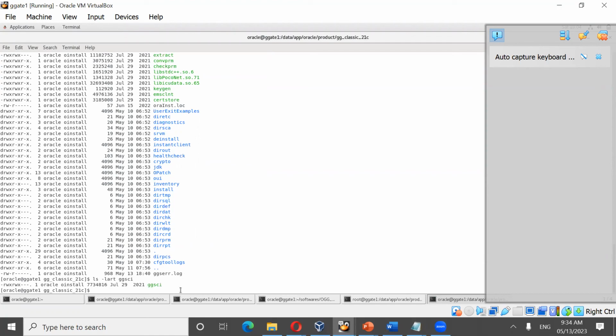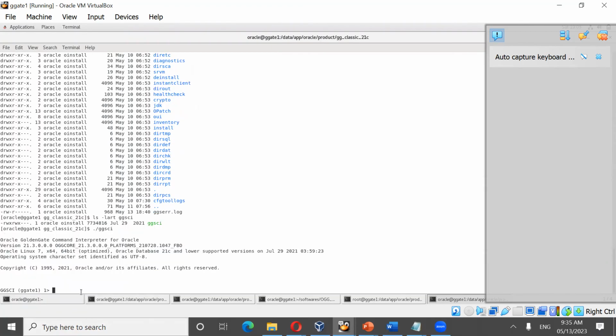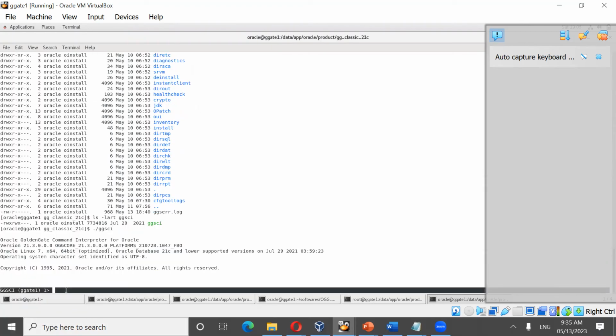GGSCI stands for GoldenGate Software Command Line Interface. When you run it, you will be logged into the GGSCI prompt. If you want to see what GoldenGate processes are there in your environment, you can do info all.